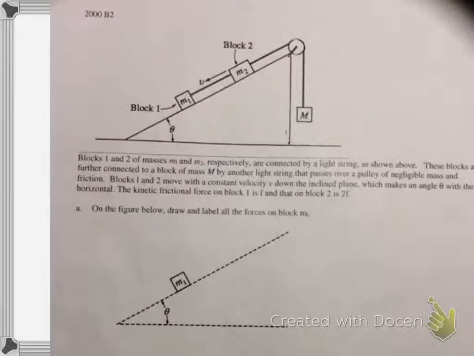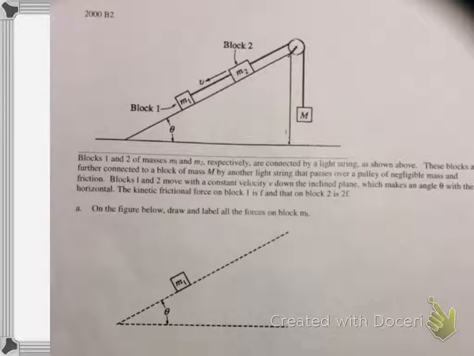Okay, so this is from the 2000 Physics B exam. This time we have 3 blocks connected to each other, and we have 2 different ropes. So blocks M1 and M2 are connected to each other, and then M2 and M are connected to each other.